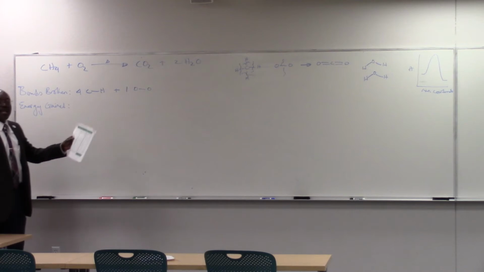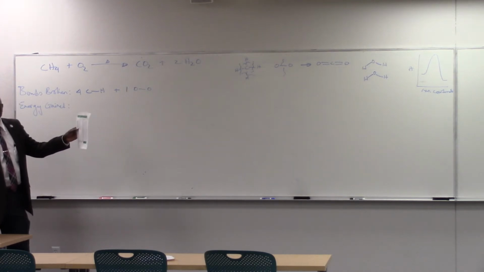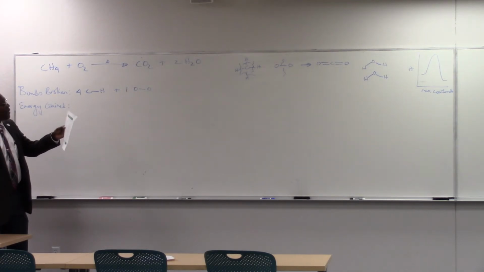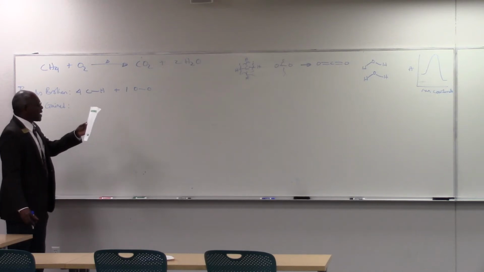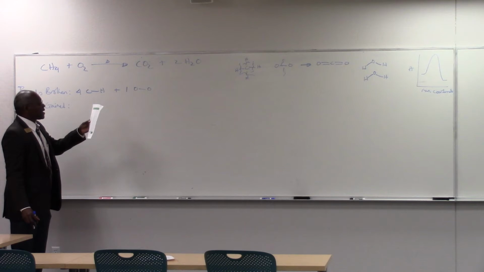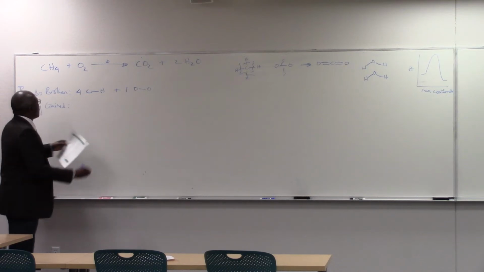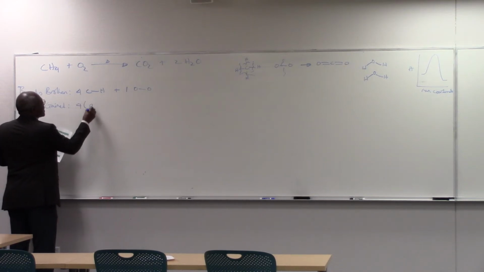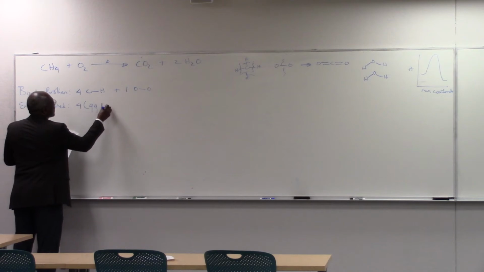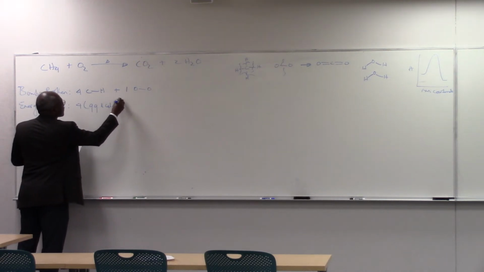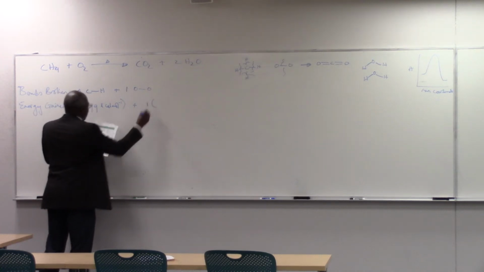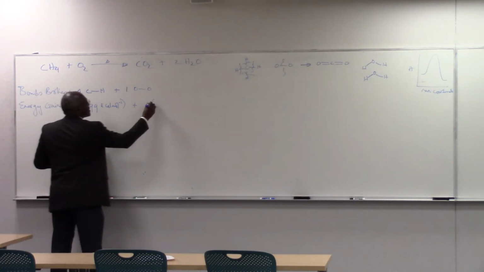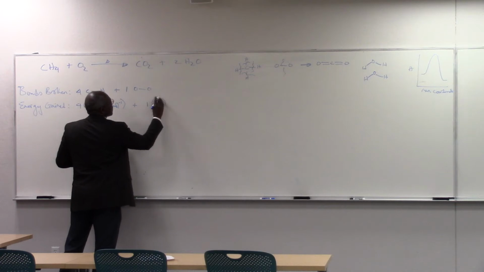So I'm going to go to the table and see how much it's going to cost me to do those. So if I look at CH, it tells me a CH bond is 99 kilocalories per mole. So this is 4 times 99 kcal per mole. Plus 1 times the OO bond is 35 kilocalories per mole.